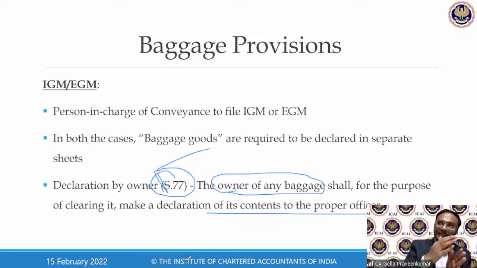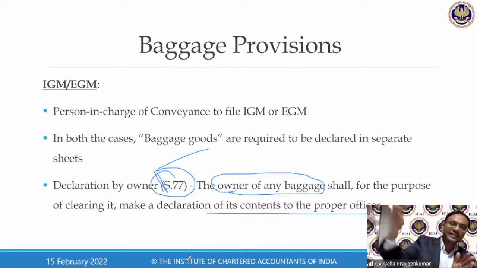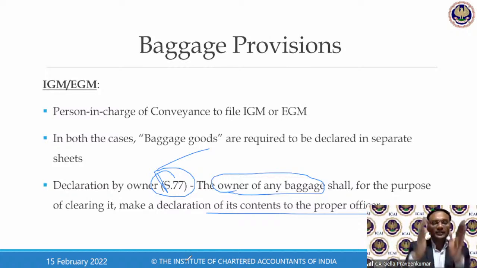A flight which has gone from Kerala to Abu Dhabi, the same flight, is coming back to India. When you visualize your flight, it consists of crew members, passengers, and baggage. It also consists of goods which are meant for transportation. So what happens here?